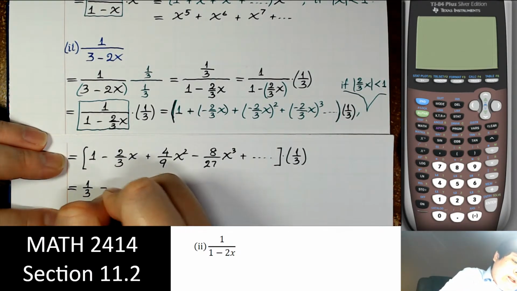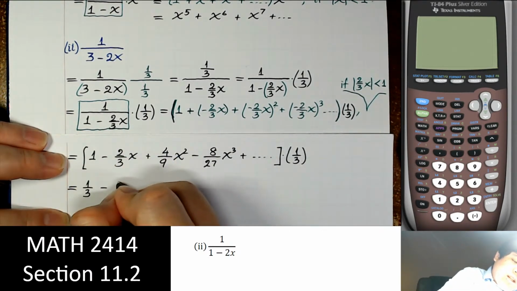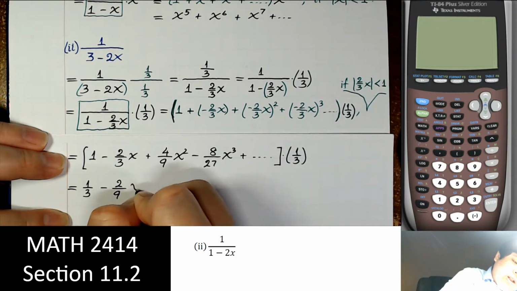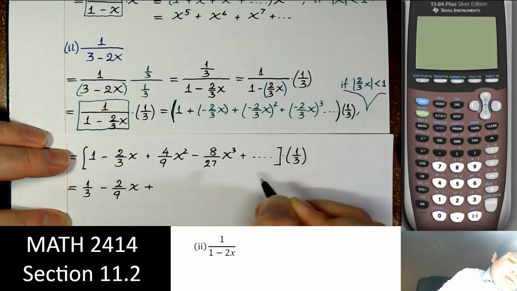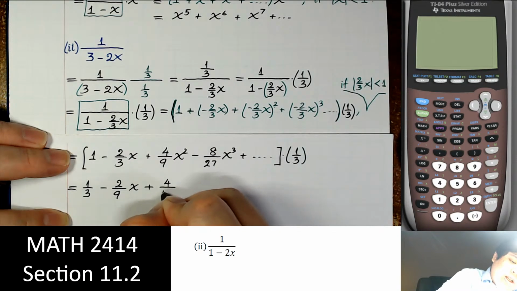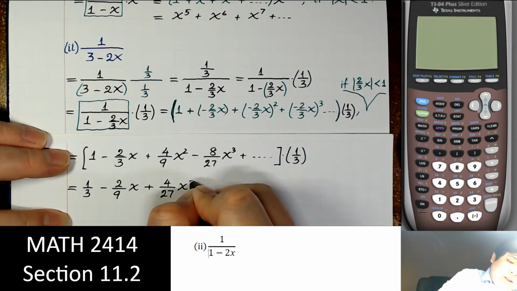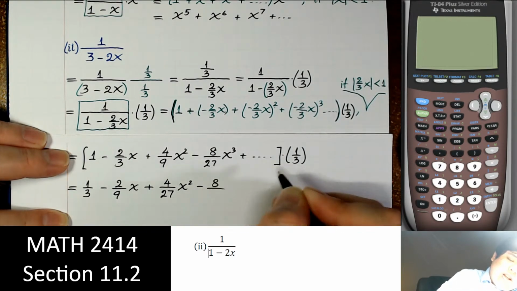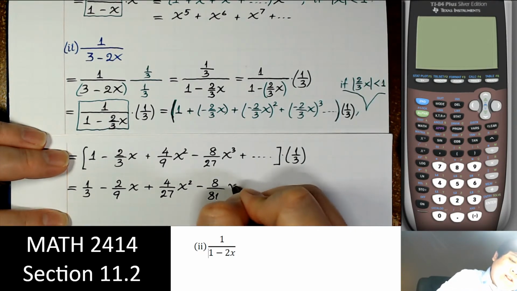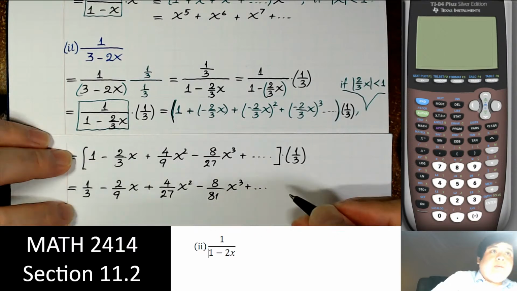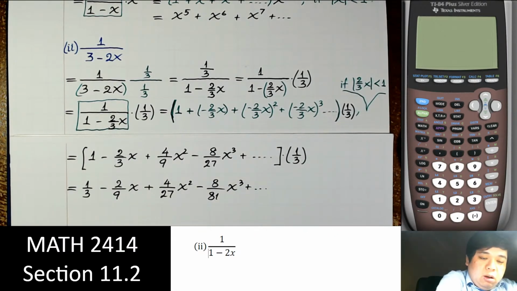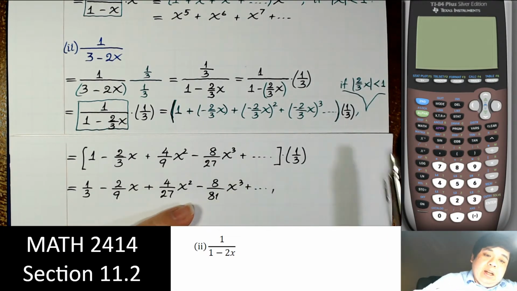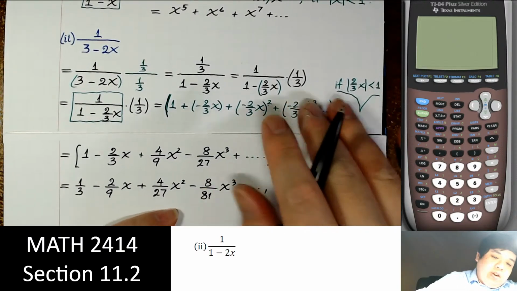1 over 3 minus 1 over 3 times that, 2 over 9, 4 over 27, 8 over 81, right? And note that we have the condition there.